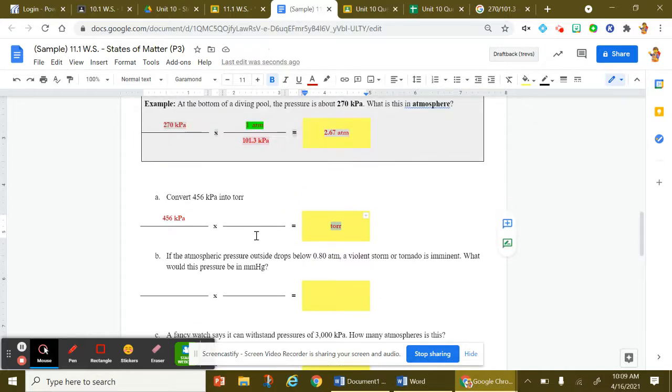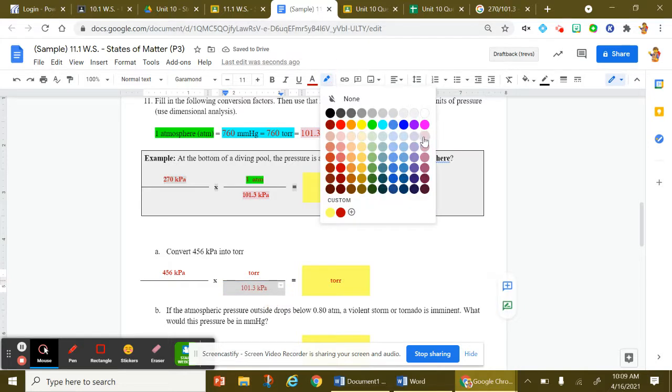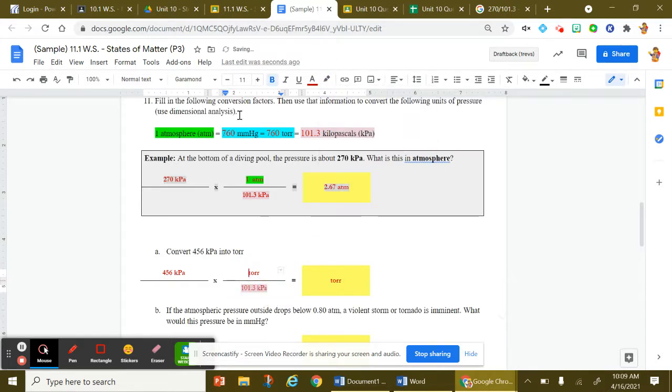I want to get out of kPa, so I'm going to put kPa on the bottom. And I want to get into torr, so I'll put torr on top. Then I look to the conversion. Kilopascals is 101.3, so I'm going to put 101.3 kilopascals right there, and I want to convert into torr, 760, right there.